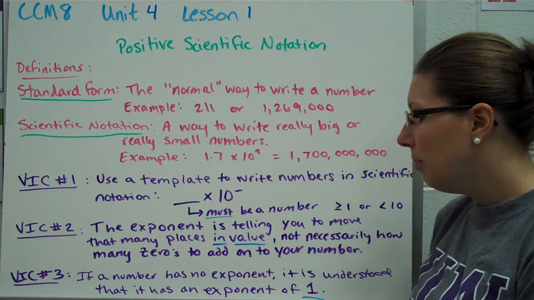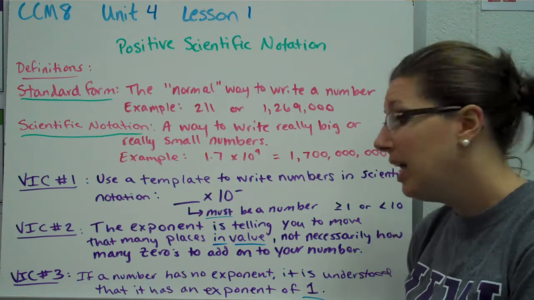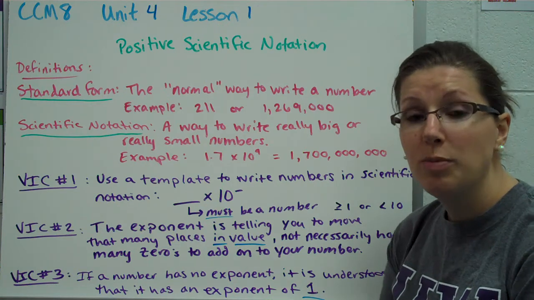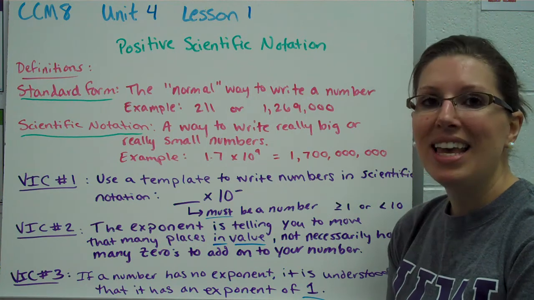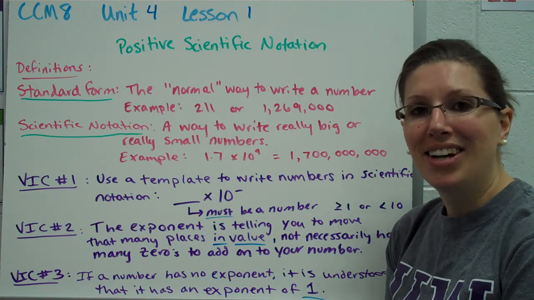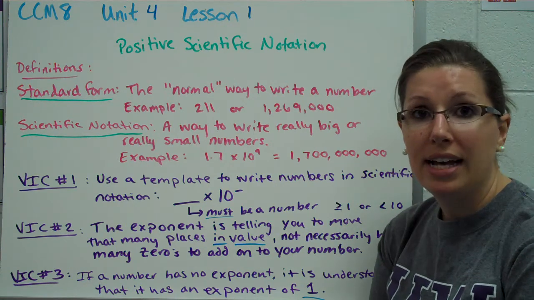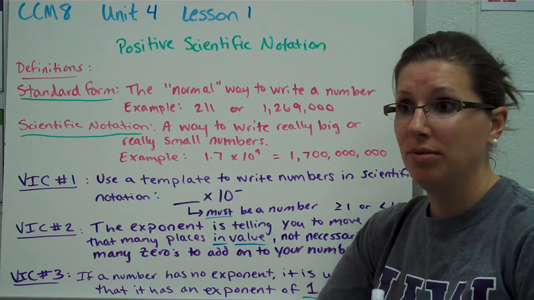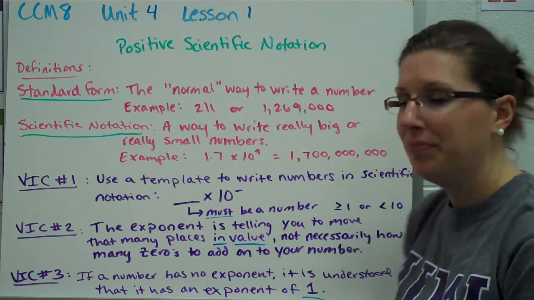And if a number has no exponent, it is understood that it has an exponent of 1. If you see something like 10 raised to no power, then that's automatically 10 to the first power.